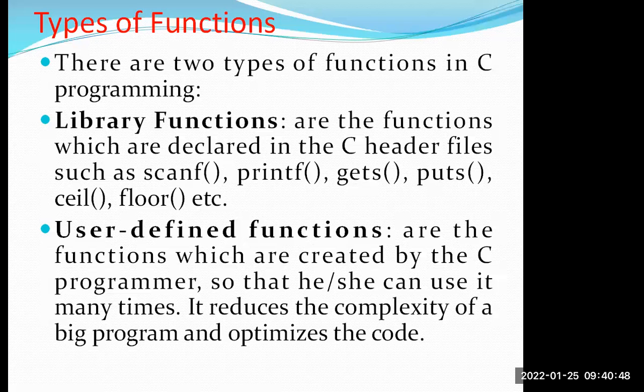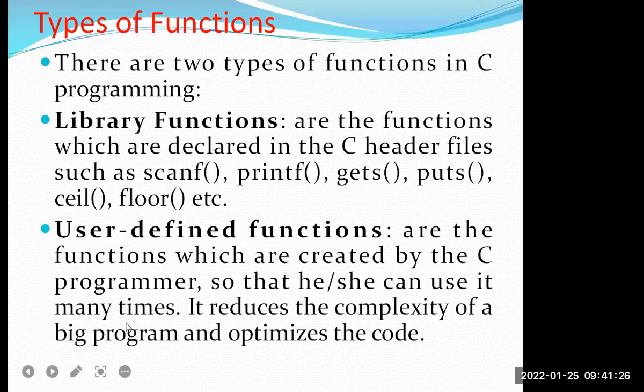Next, the types of functions. There are two basic types of functions in C programming. The first is the library function and the second is the user-defined function. Library functions are the ones we have already used in programs. They are functions declared in C header files, such as when we include stdio.h.